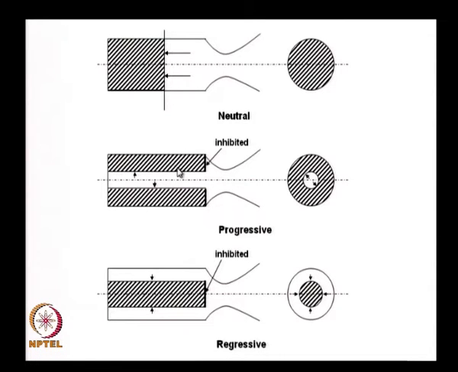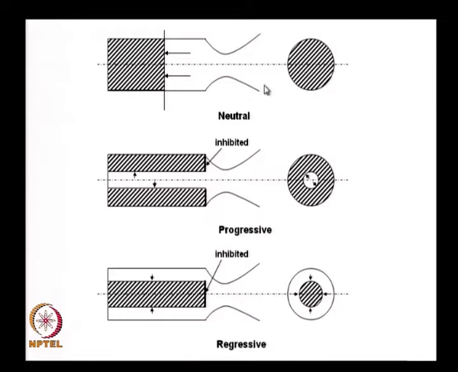We found that the pressure progressively increased and the thrust progressively increased. In other words, burning started at the inner surface and progressed to the outer surface. We called this progressive burning, and we also told ourselves that if I could somehow get the burning to start from the outer and progress inward, the pressure will keep falling with time. We called it regressive, right.